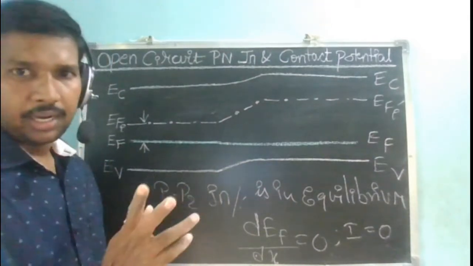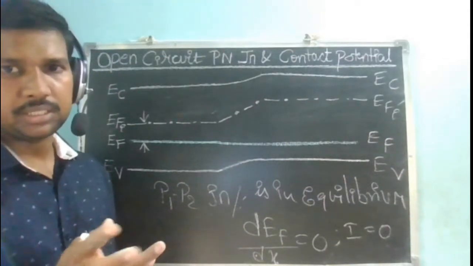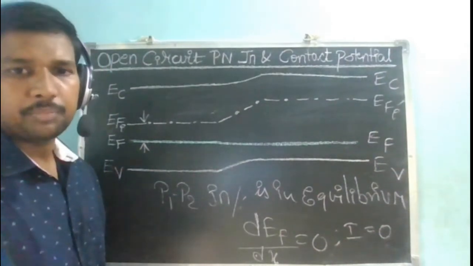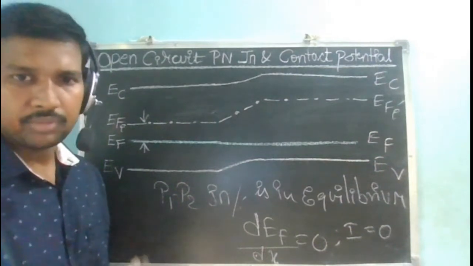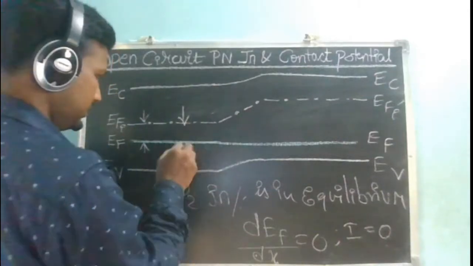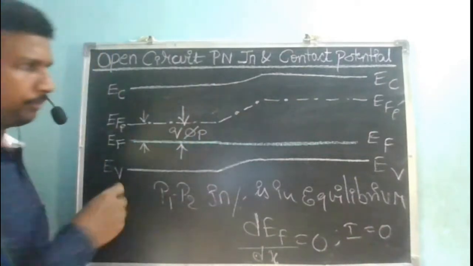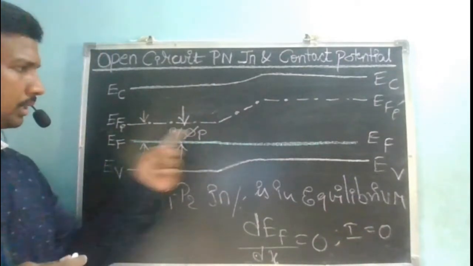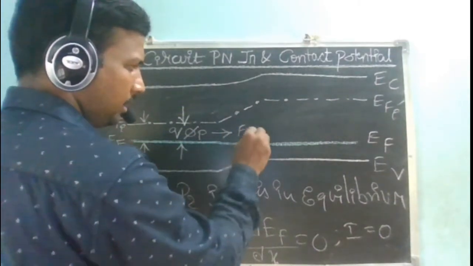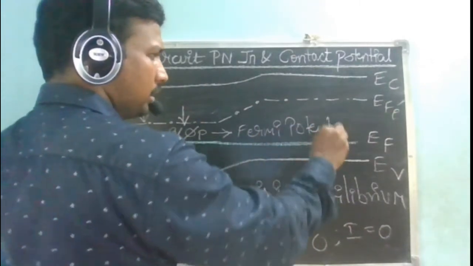So don't think that contact potential is going to exist only in a PN junction. It is going to exist even in the P1 P2 junction, and even in the N1 N2 junction also. Let me denote the potentials here in terms of Fermi potential phi p. Q times phi p is the energy, so phi p represents the Fermi potential in terms of voltage.